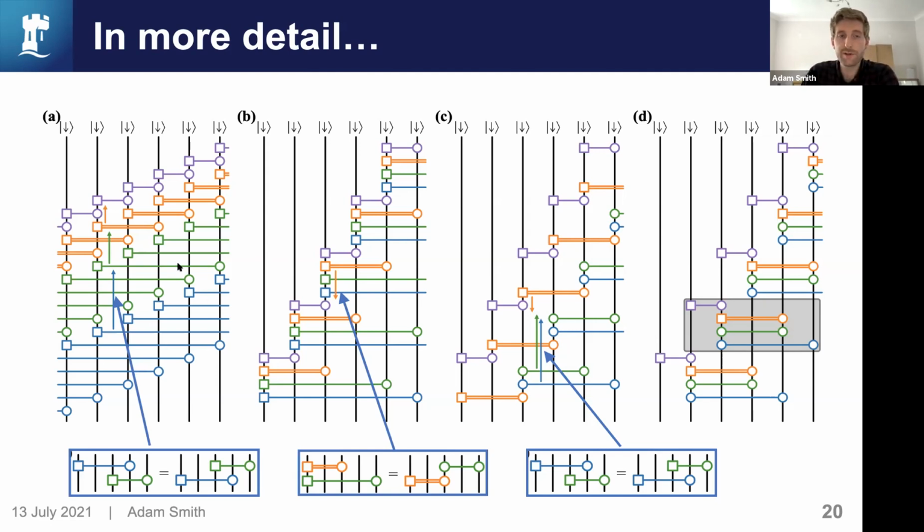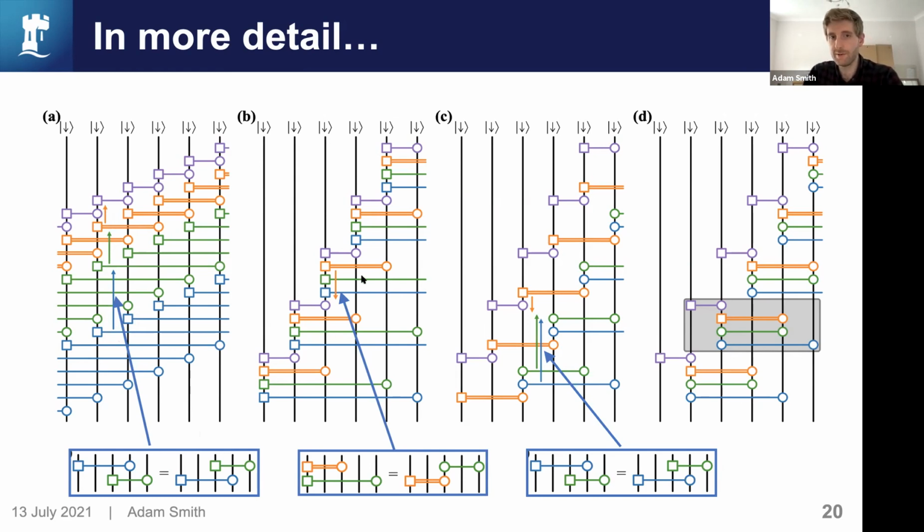The first thing we can do is use the commutation of these gates past each other. Basically, I bring the purple, orange, green, and blue gates all next to each other, and I end up with this second step.